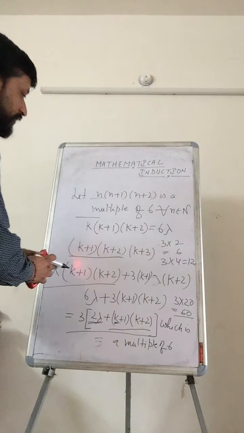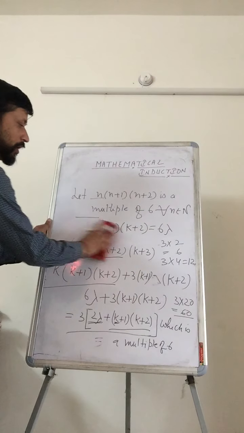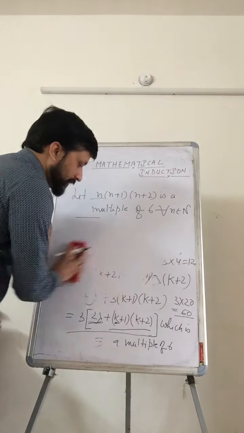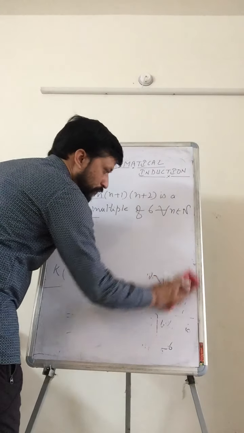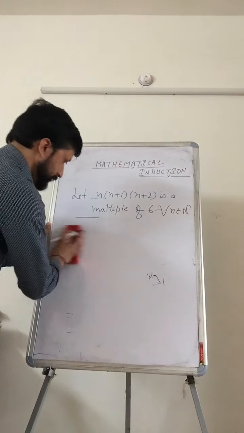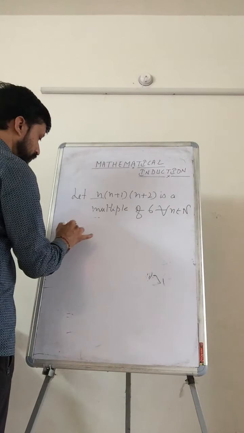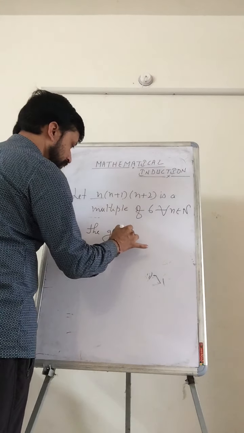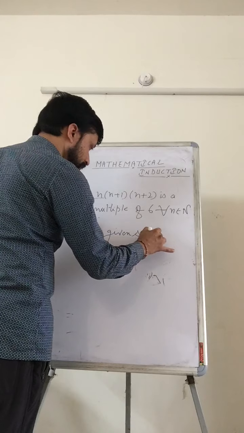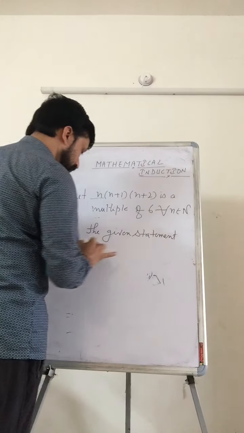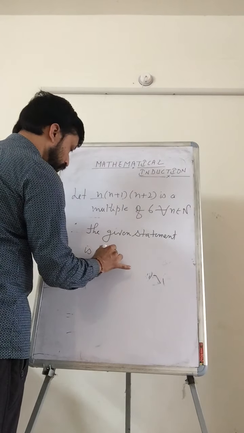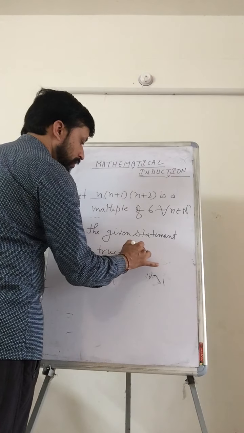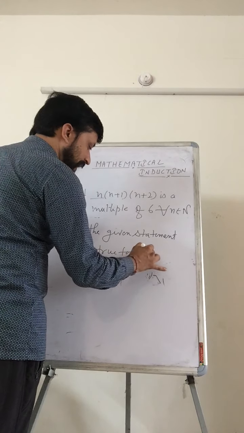So finally, after doing all this, you have to write: therefore the given statement is true for all natural numbers.